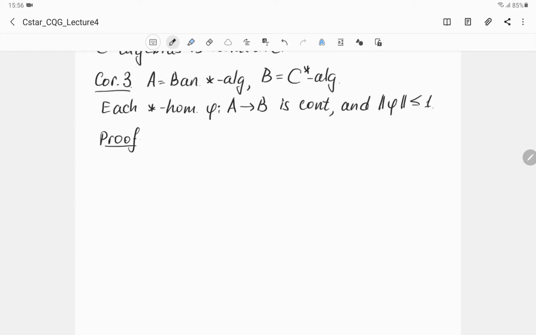To prove this result, we first consider an arbitrary self-adjoint element A. Then phi of A is also self-adjoint because phi is a star homomorphism.